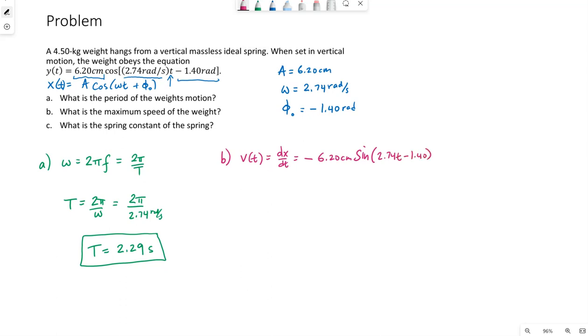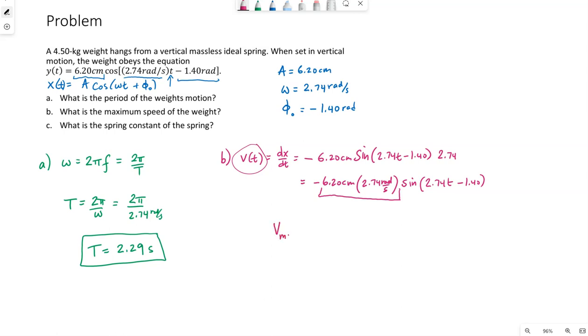And then times the derivative of what is inside the parentheses. I'm going to put that in front of the sine function. Whatever is in front of the sine represents the maximum value.